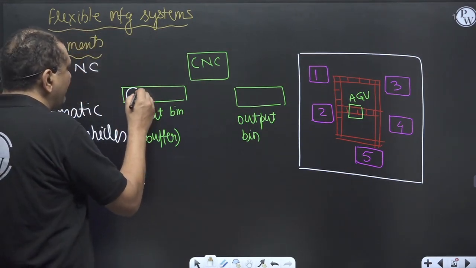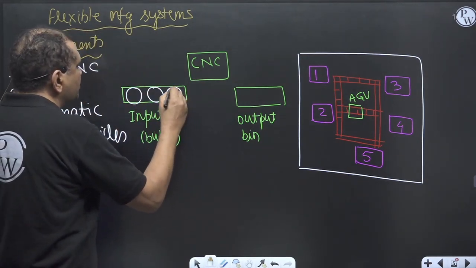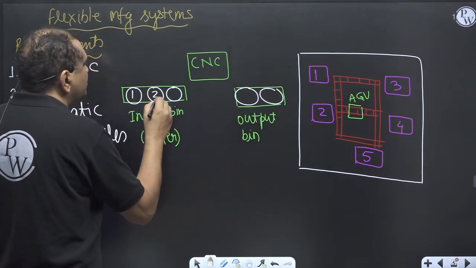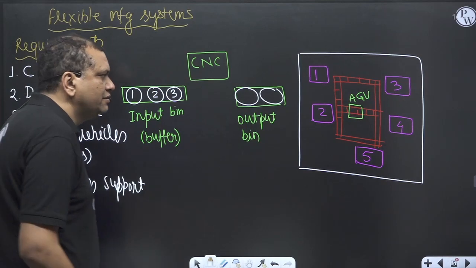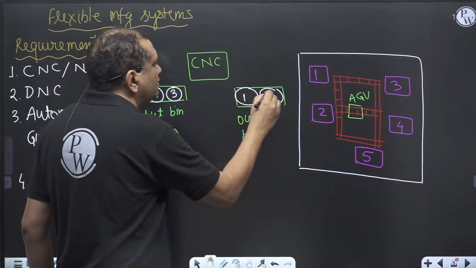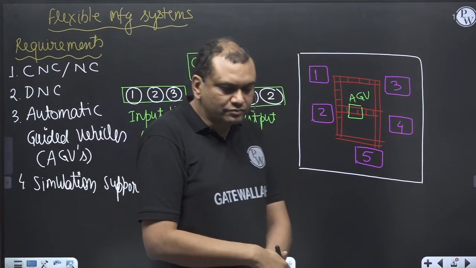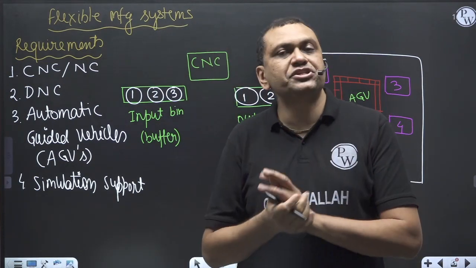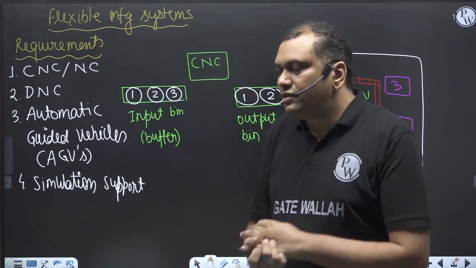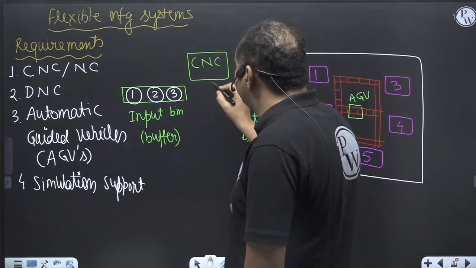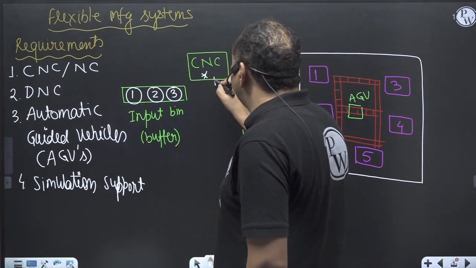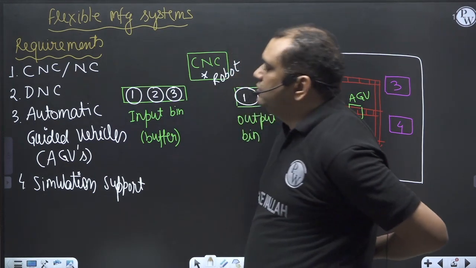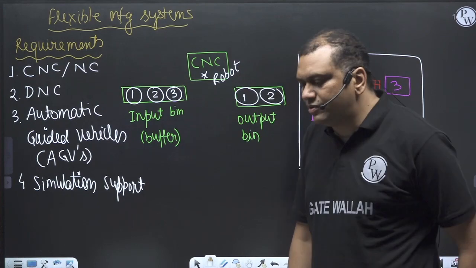Each and every bin will have a fixed number of stations: Station 1, Station 2, Station 3, and so on. So what exactly happens? On every CNC there is a robot.